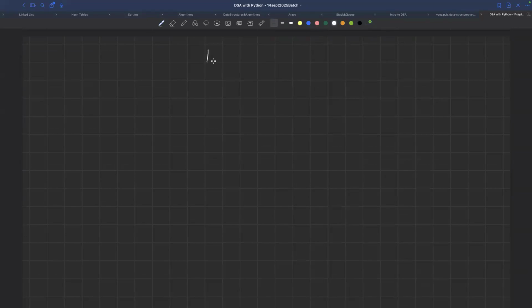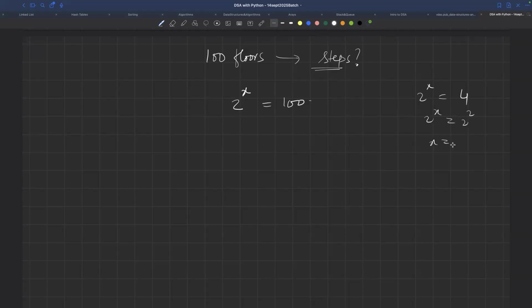You want to find out that for 100 floors, how many steps? So I want to find out steps. 2 to the power of what is 100? Because every time I'm doubling it. If I had 4 floors, then I will say 2 to the power of what is 4? I'll say 2 to the power of x is 2 to the power of 2, so x is equal to 2.